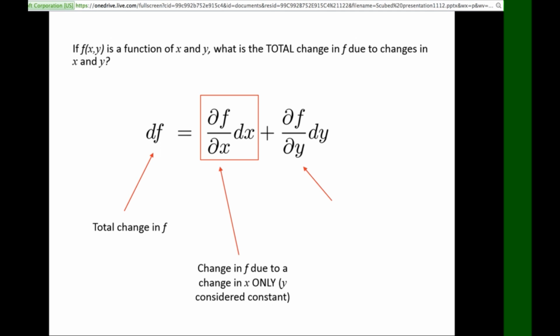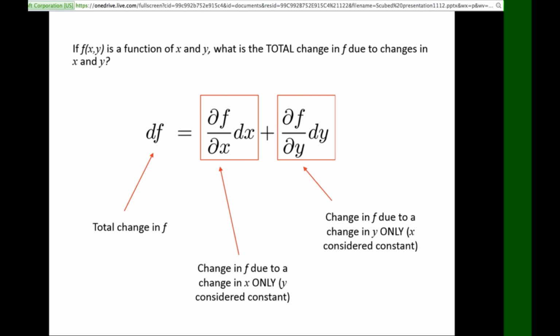You can think of it as if the total change in f is equal to the change in f per unit change in x times the total change in x, plus the change in f per unit change in y times the total change in y. And that's the last term we have on the right hand side, which is this. Again, we're considering the change in f due to a change in y only with x considered constant.